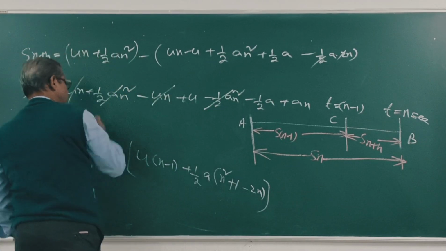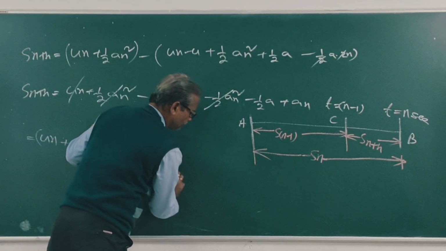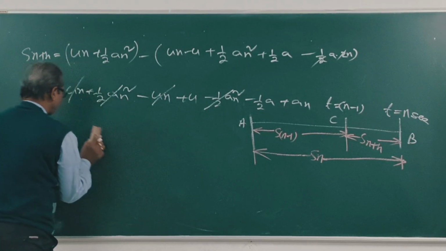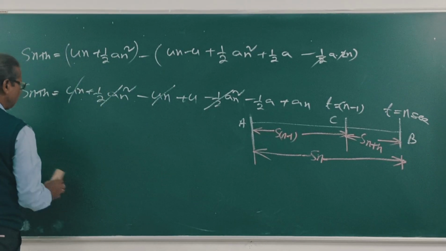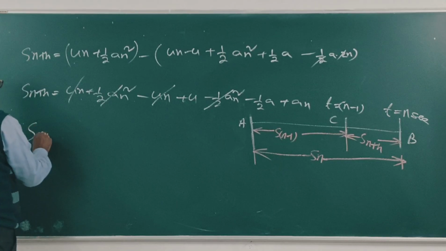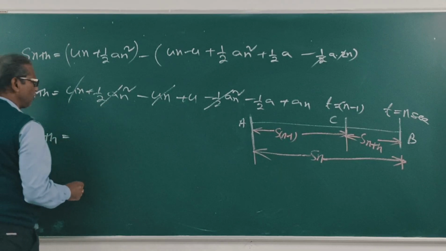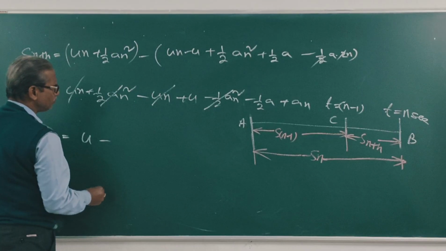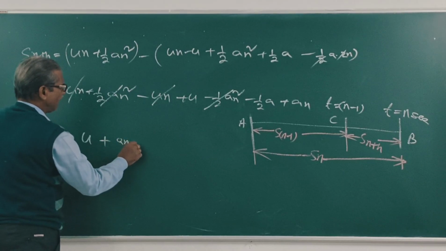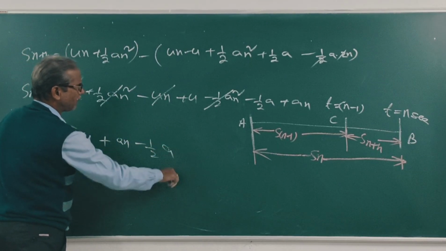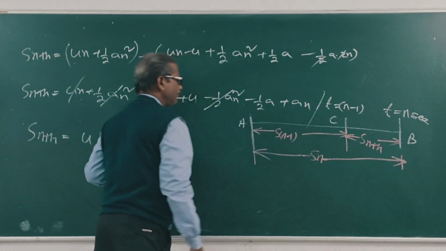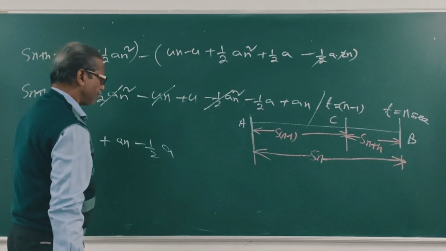Plus un minus un cancel out. Now Sn is equal to u plus n minus half a. Clear? U plus n minus half a.